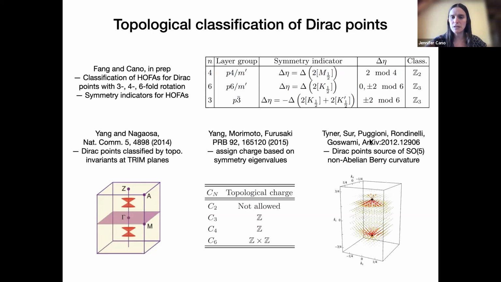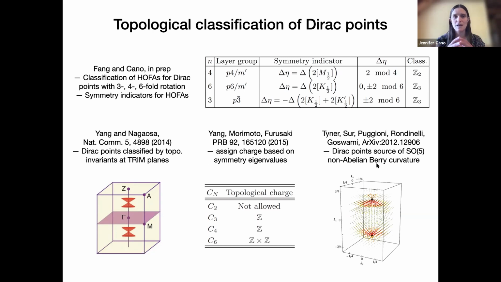And then extremely recently, less than one year ago, there was another paper classifying the topology of Dirac points. And here, what they're really doing is establishing that Dirac points are a source of Berry curvature. It's just not the same Berry curvature we were talking about before. It's a non-abelian Berry curvature, where you need to symmetry resolve your Fermi surface because you have degenerate bands.